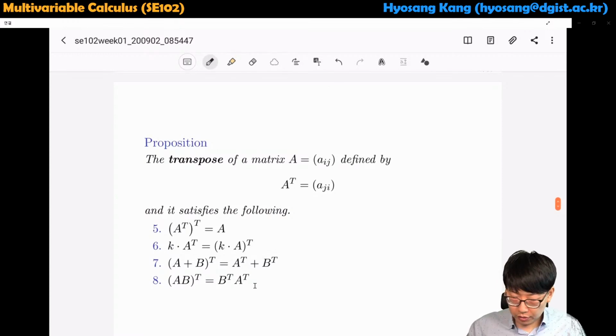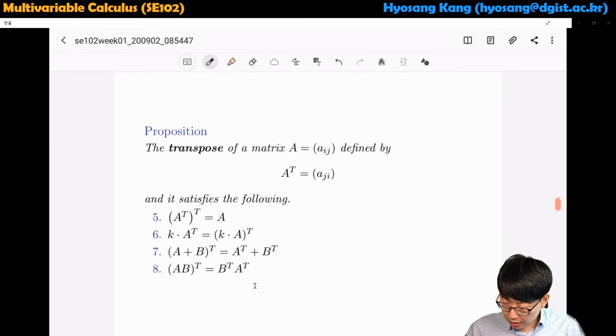So let's talk about the transpose. At the end of the class 2 days before, we talked about how to take the transpose of a matrix in MATLAB. So let me formally define the transpose here.